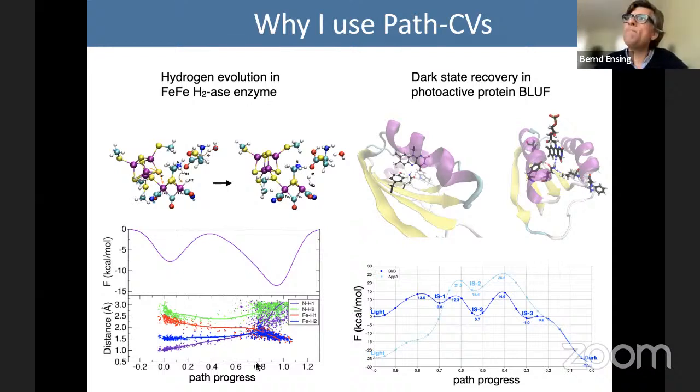Though in school we always learn to write reaction coordinates, some people in this community get nervous if I say I'm using a reaction coordinate, because I'm not supposed to know what the reaction coordinate is. So that's why we talk about collective variables and so on. So I'm writing path progress or reaction progress. Maybe sometimes I still write reaction coordinate.